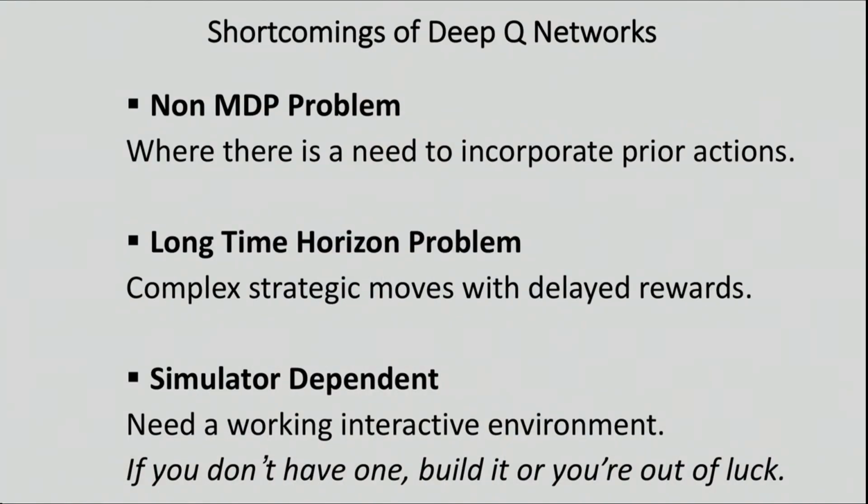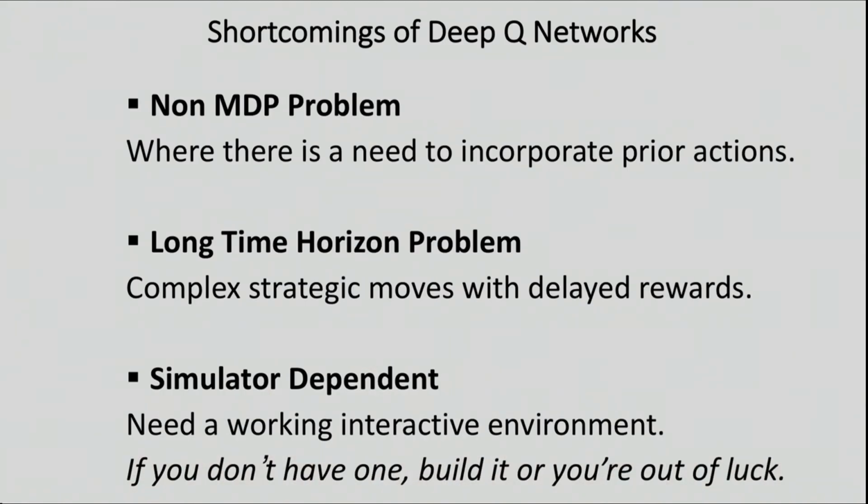First of all, if it's a non-MDP problem, that is, remember, Markov decision problem implies that only the current state matters. But if I need to maintain some history, then these techniques out of the box don't work very well. And if you have a long time horizon problem, so Atari is very tactical. There's immediate rewards coming in.